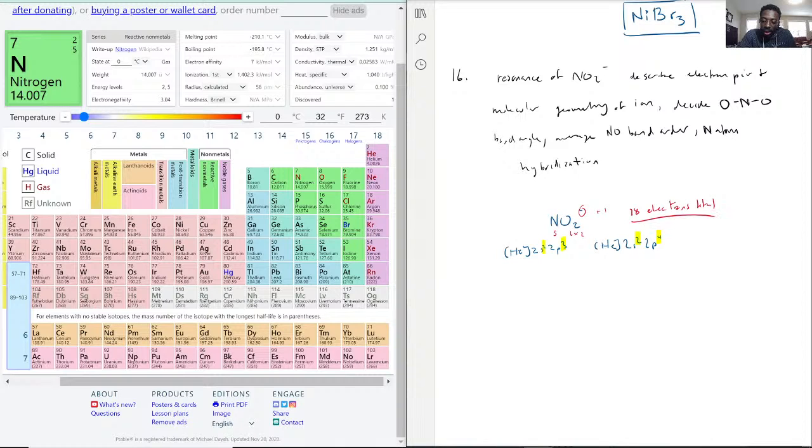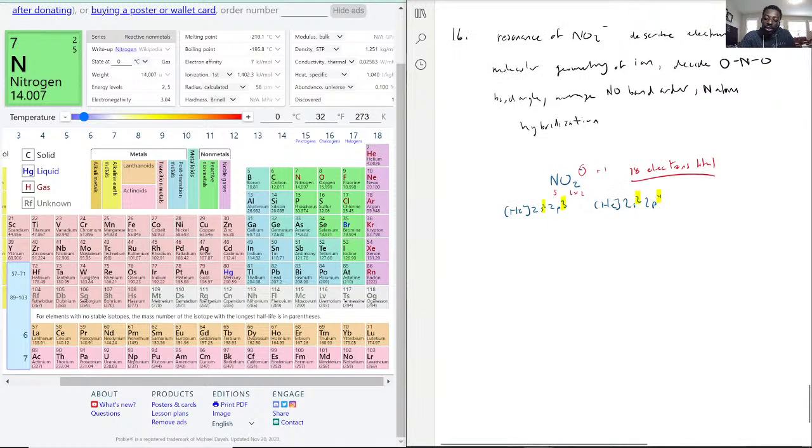Okay, and now let's actually try to draw this out. So we have nitrogen most likely in the middle, 2 oxygens on each side, and now how many electrons does each one have left?